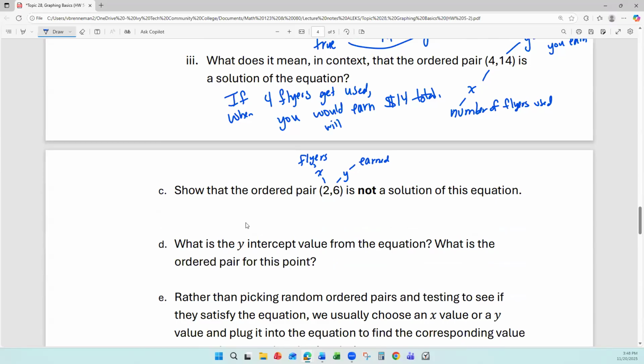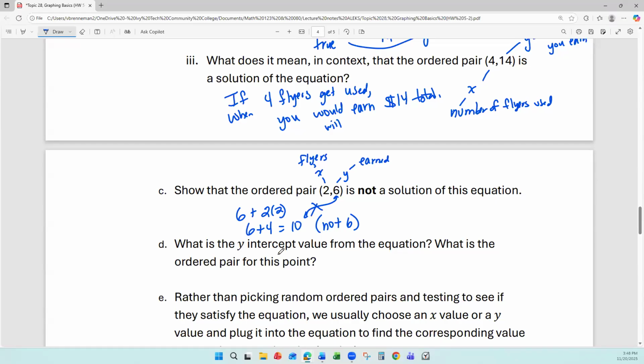It would be 6 plus 2 times 2. If X is 2, you get the $6, and then you get another $2 twice. And that's 10, not 6. So those don't match, so it's not a solution.